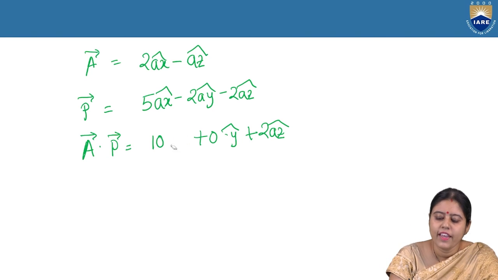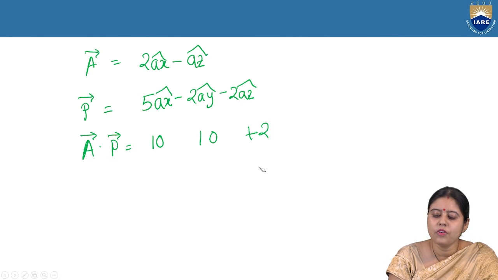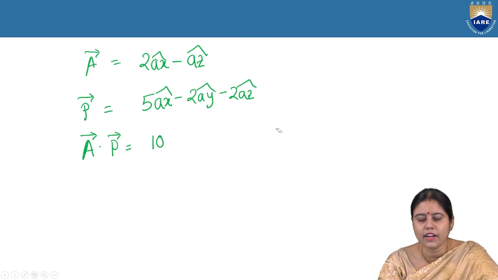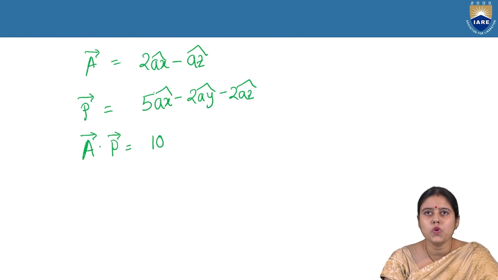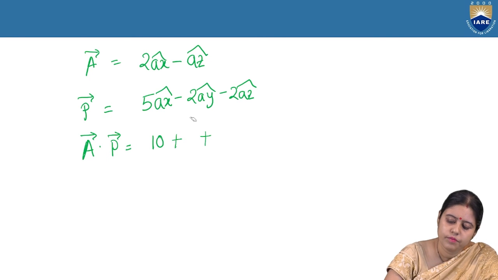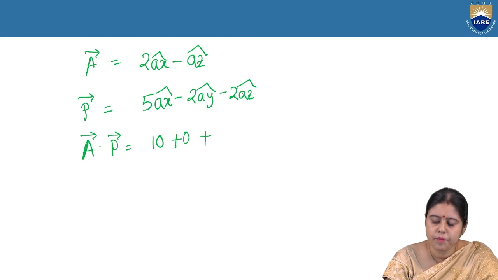No. Why? In the case of dot product, there is no xy term. So what is the correct answer? 2 into 5, 10 plus 0 plus 2. So the magnitude is 12.